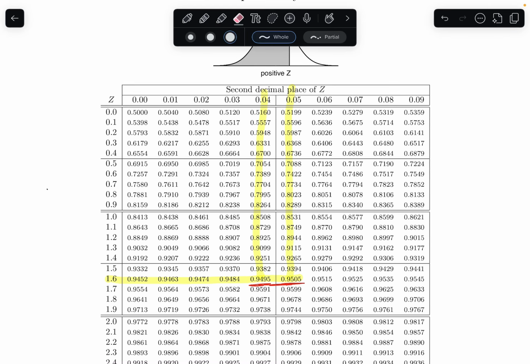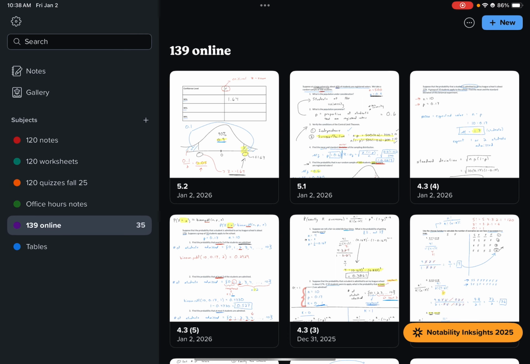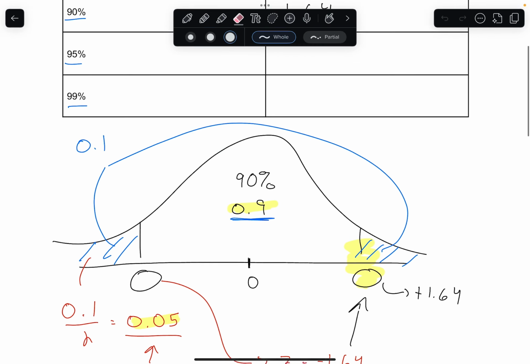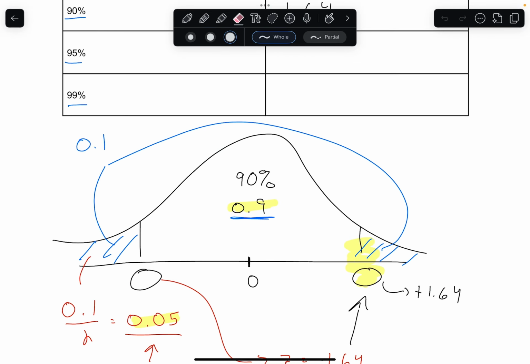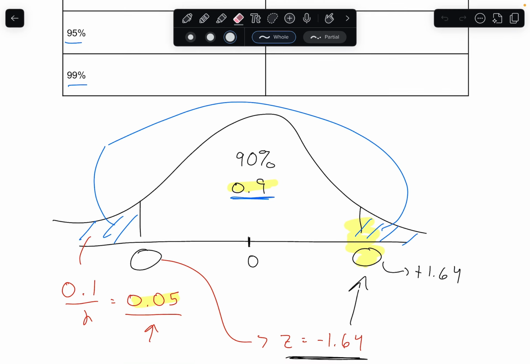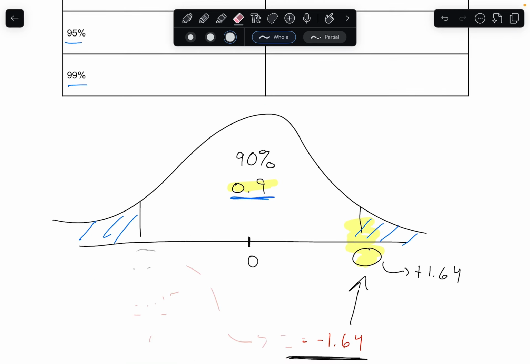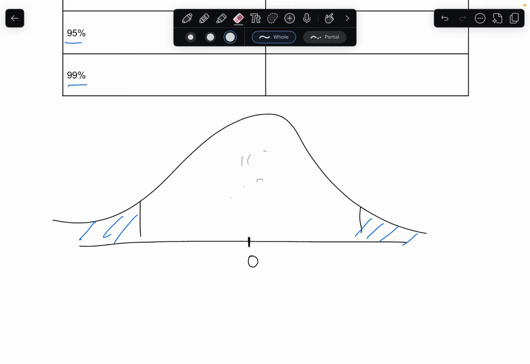Let's hop back. The next case that we want to talk about is if we're working with a 95% confidence interval. So I can use roughly the same picture. Some of these values are going to change though, because this time around I want the area in the middle to be 95%, or 0.95 as an area.